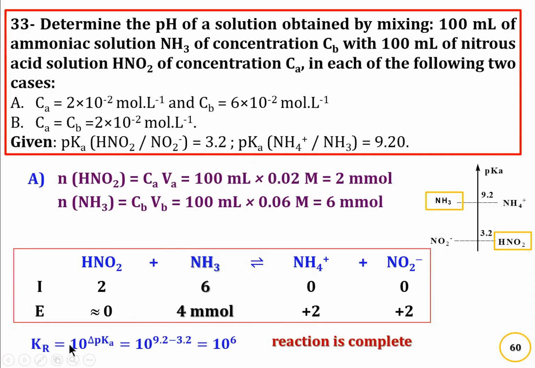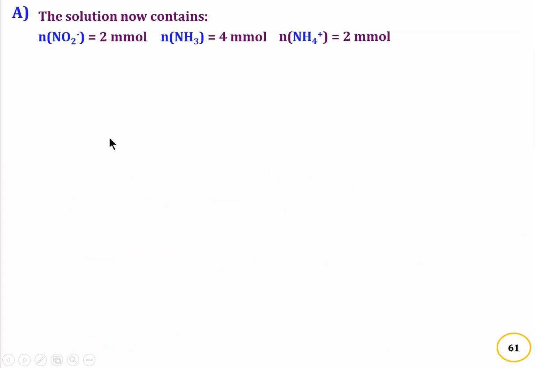And we know from the beginning that the difference of these two pKa couples is greater than or equal to 10 to the power 6, so this reaction is complete. It's not necessary to calculate K of the reaction if you can see from the pKa scale that the reaction is complete. So in the final solution, we have NO2 minus 2 millimoles, NH3 4 millimoles, and NH4 plus 2 millimoles.